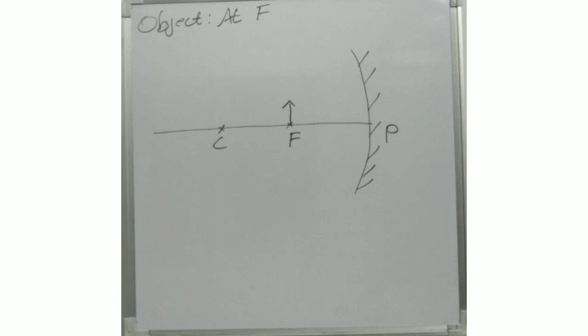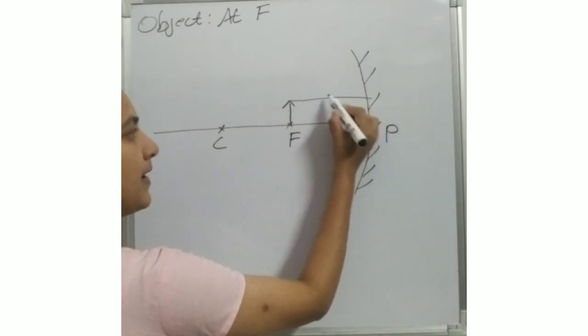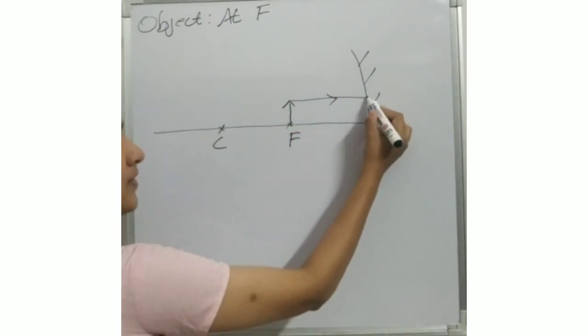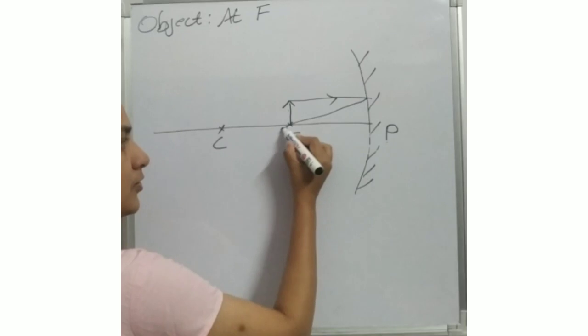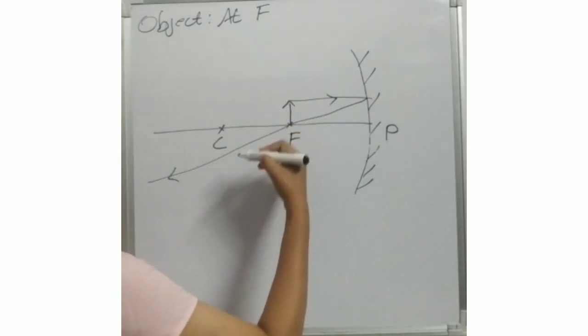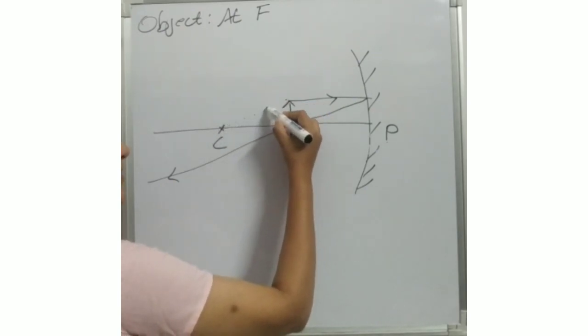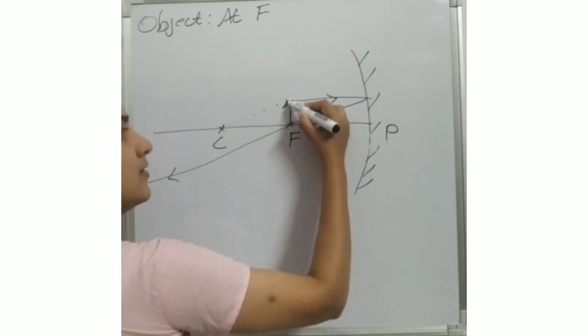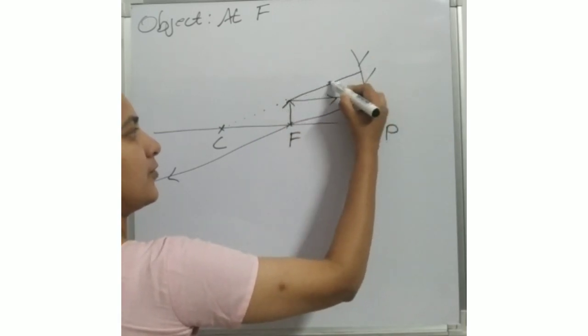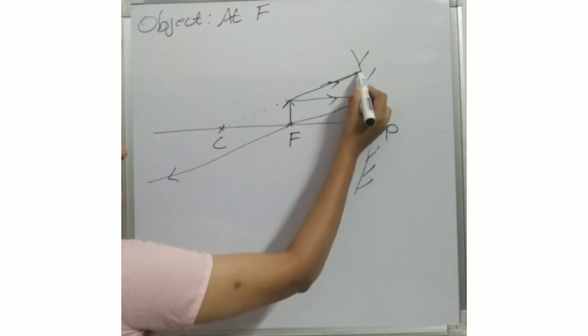Now, consider any two lines according to our wish. First we consider a line parallel to the principal axis, which will reflect through focus. Now, if a ray passes through C, as it is coming through the center of curvature, it will follow the same path.